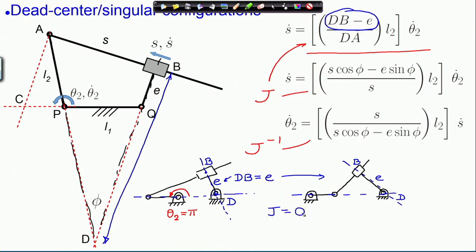So, in both these two configurations the Jacobian vanishes, so it is non invertible. Which means whatever be theta 2 dot, S dot is 0 because the Jacobian is 0, irrespective of value of theta 2 dot. So, the prismatic actuator cannot expand at these two configurations. So, these are singular configurations. Here theta 2 is equal to 0. You can find these relations in terms of phi as well using this expression.